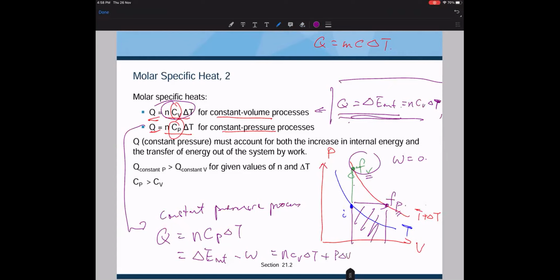So it's P delta V. And with the ideal gas law, PV is equal to nRT, when the process is a constant pressure process, when the pressure is constant, N is constant, R is constant, P delta V should be equal to nR delta T. So that is why this is equal to NCV delta T plus nR delta T. You could see the connection now between CP and CV.